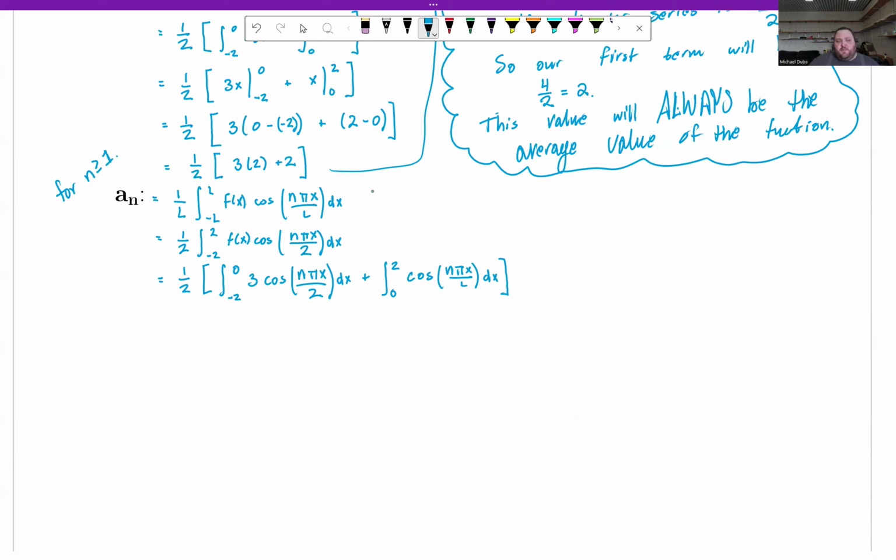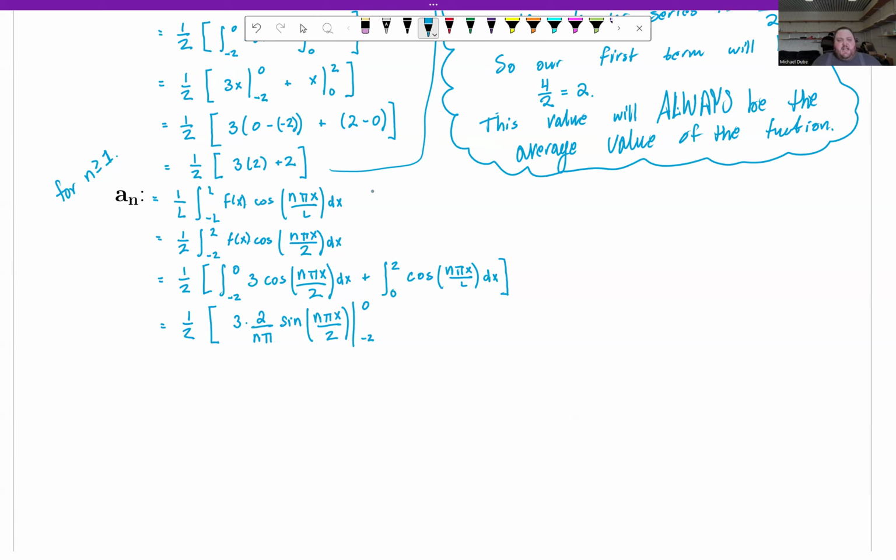Okay, good. So then I have equals 1 over 2. Okay, so we're going to do some chain rule in reverse here. So if we have 3 times cos n pi x over 2, the integral of this will be 3 times the inverse of this coefficient. So 2 over n pi sine of n pi x over 2, evaluated from -2 to 0.